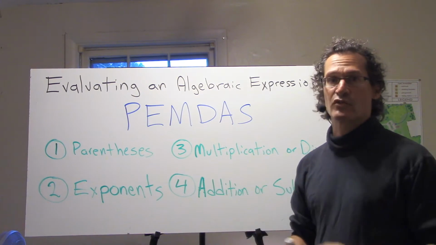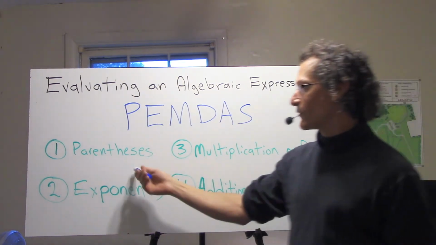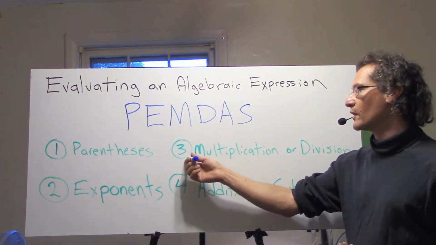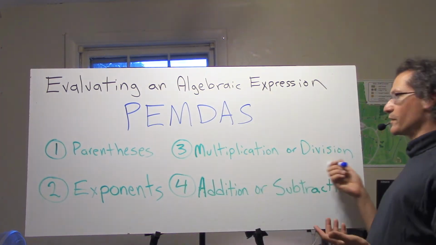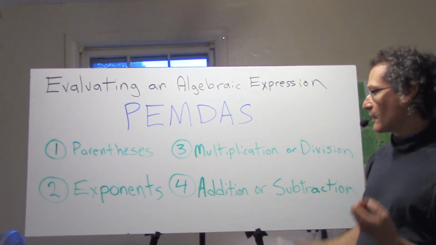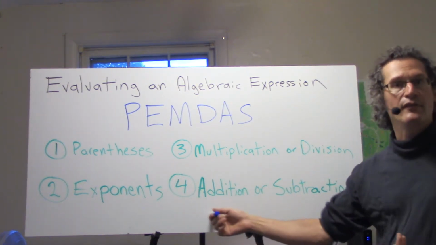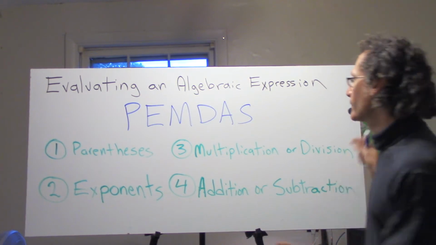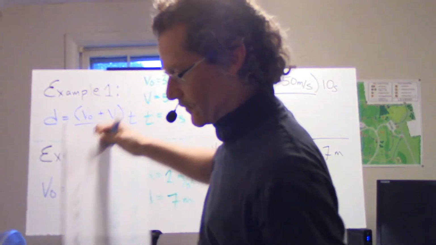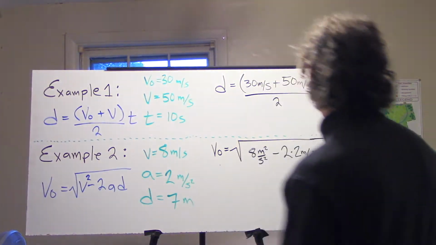So if you have an expression, you would evaluate the parentheses first, exponents second, then multiplication or division next, and lastly, anything that uses addition or subtraction. So what I'd like to do is try a few examples to demonstrate PEMDAS in action.